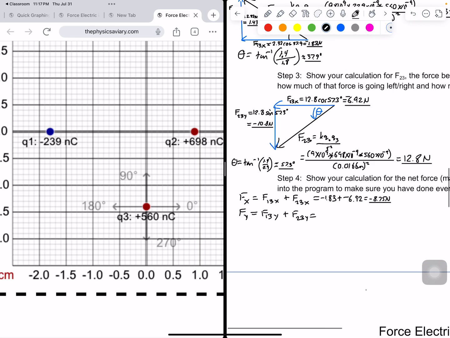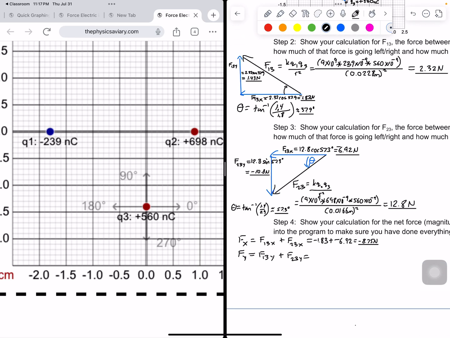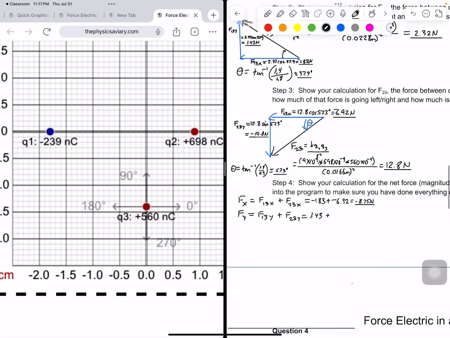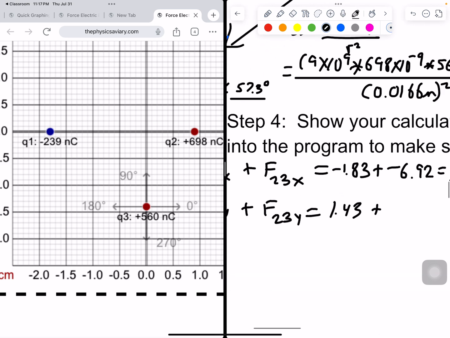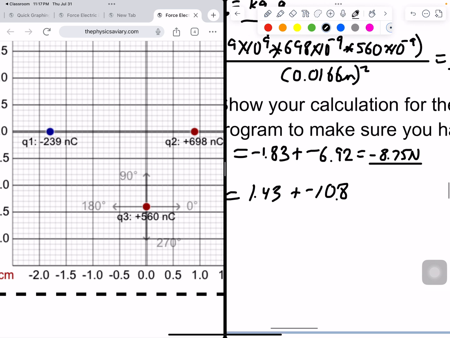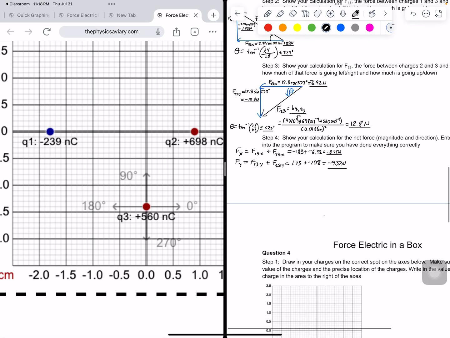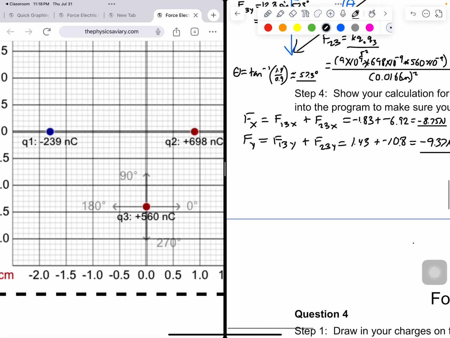Okay, in the y direction, F13 in the y direction is 1.43 plus F23 in the y direction is negative 10.8. So if we add those together, 1.43 plus a negative 10.8 is negative 9.37.